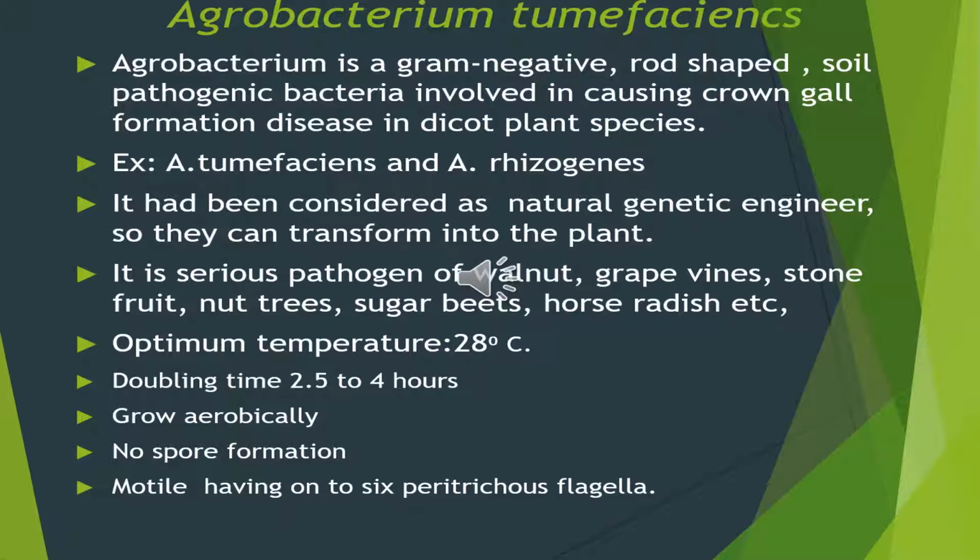Agrobacterium tumefaciens is a serious pathogen of walnut, grapevine, stone fruit, nut trees, sugar beet, horseradish, etc. It grows optimally at 28 degrees centigrade. The doubling time can range from 2.5 to 4 hours depending on the media and the culture formation.